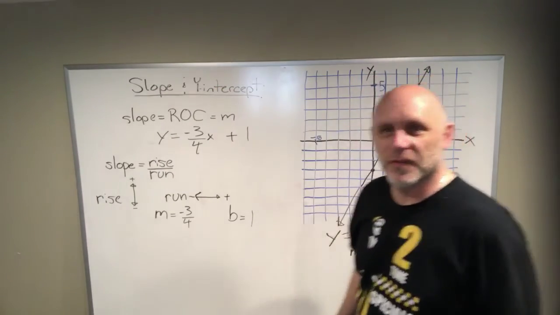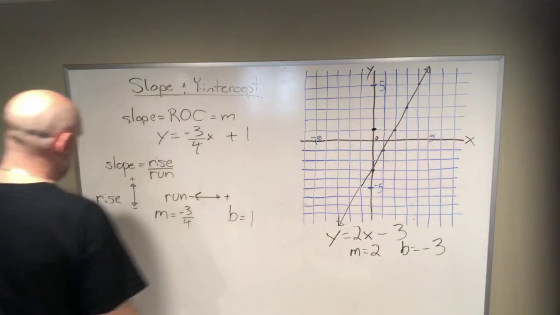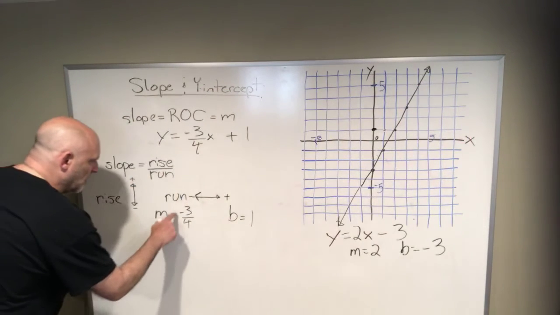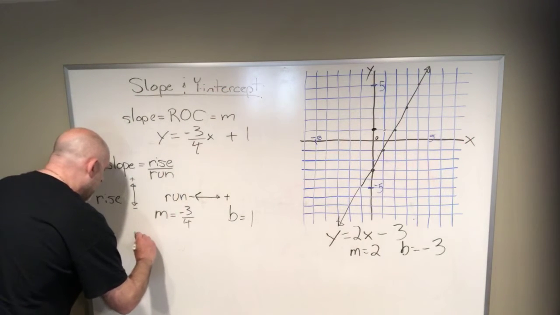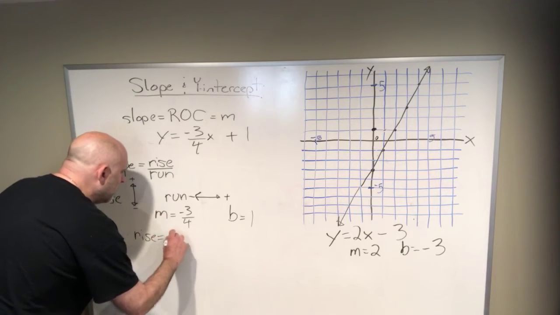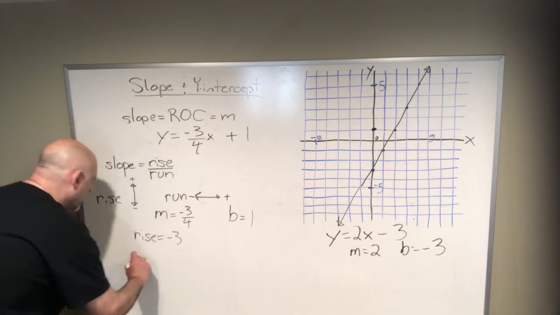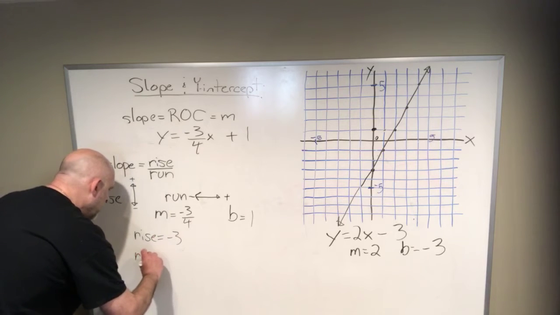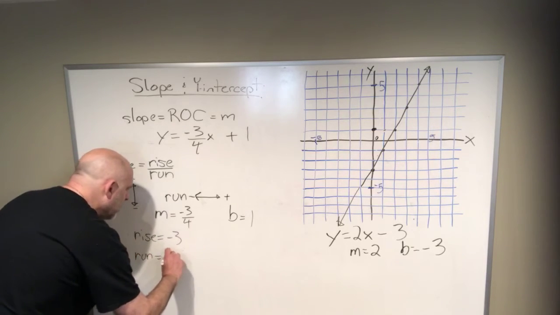I'm going to use this slope. Okay, so the rise is negative 3, and when the rise is negative, that means you go down instead of up. This says that the run is 4.